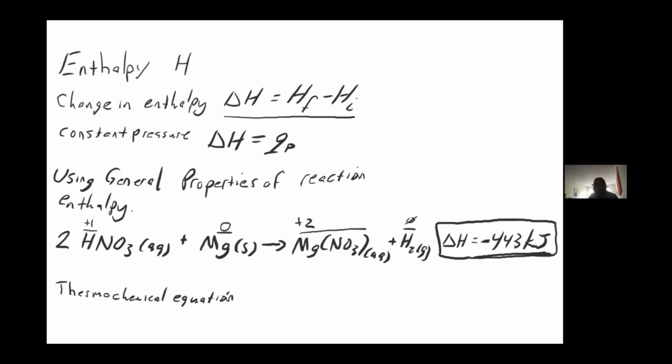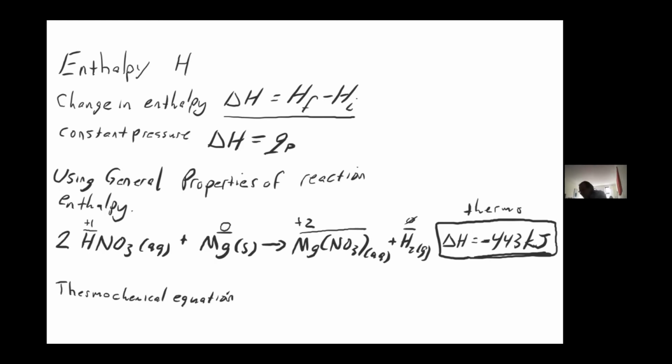If you're burning gasoline, it would be around this amount of energy change. So this is a redox, and this is called a thermochemical equation. The thermo refers to this. We're talking about thermochemistry in this chapter. So negative 443 kilojoules is telling us how much enthalpy change there is.